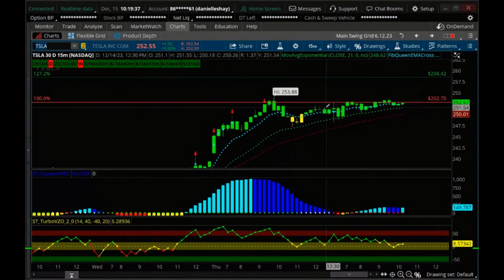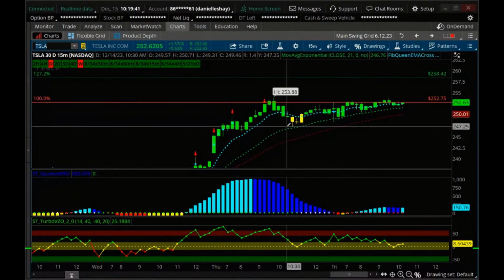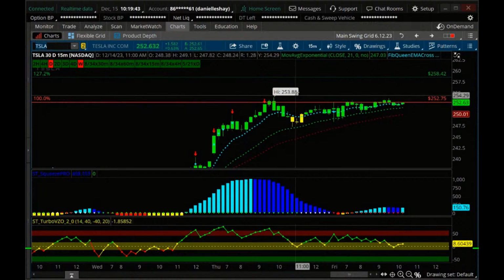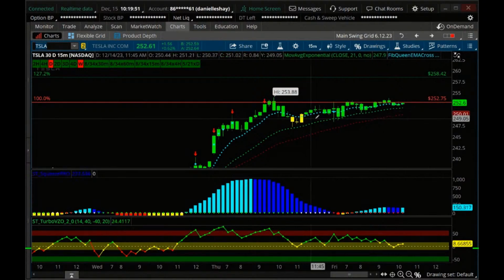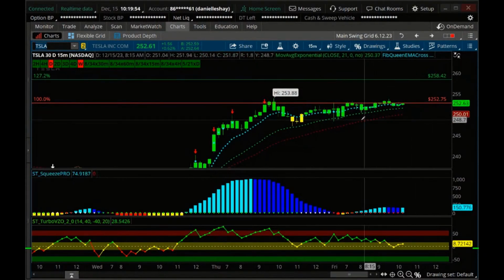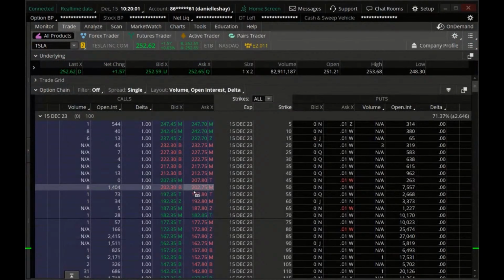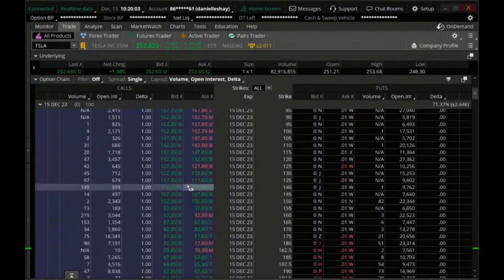You are in a pretty tight range between 247 and 253. You can see that there's a key psychological value right here at 250. So when you're looking at that, I would start by looking at strikes within this range. It's generally the most obvious once you get to the options chain.